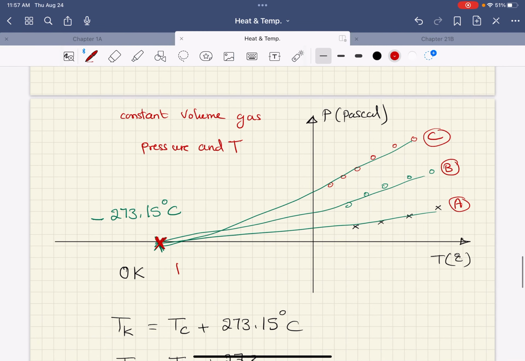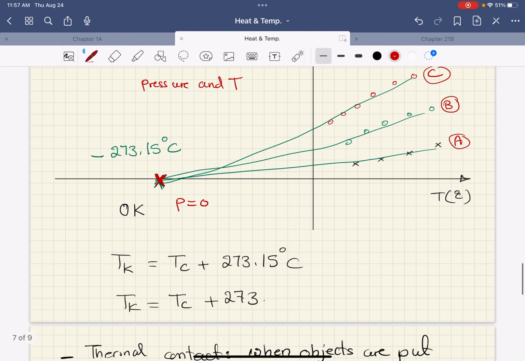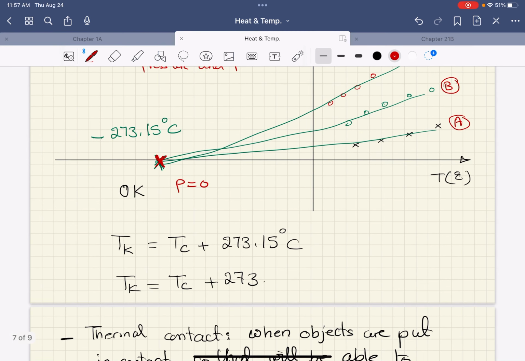The importance of this point is that P here equals 0, and this is also maybe what makes it very difficult to achieve. We agreed that we want to have this as the absolute zero. So the absolute zero is negative 273.15 degrees Celsius. If we want to convert from Celsius to Kelvin, we need to add 273.15, or we can make the approximation and use only 273.